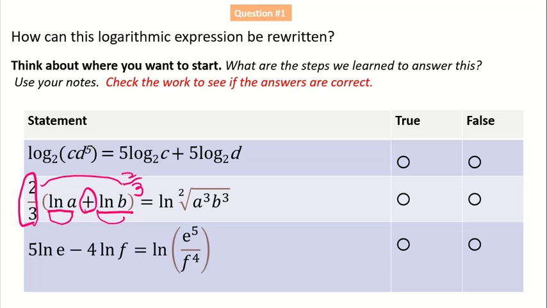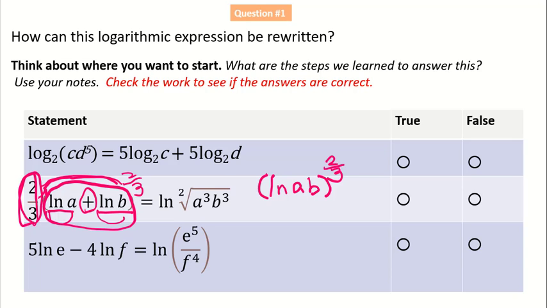It's just a different way to write it. So I'm going to start here, and I'm going to write natural log of a times b. And then I'm going to take that 2/3 that's in front, and I'm going to bring it here. It's going to become our exponent.